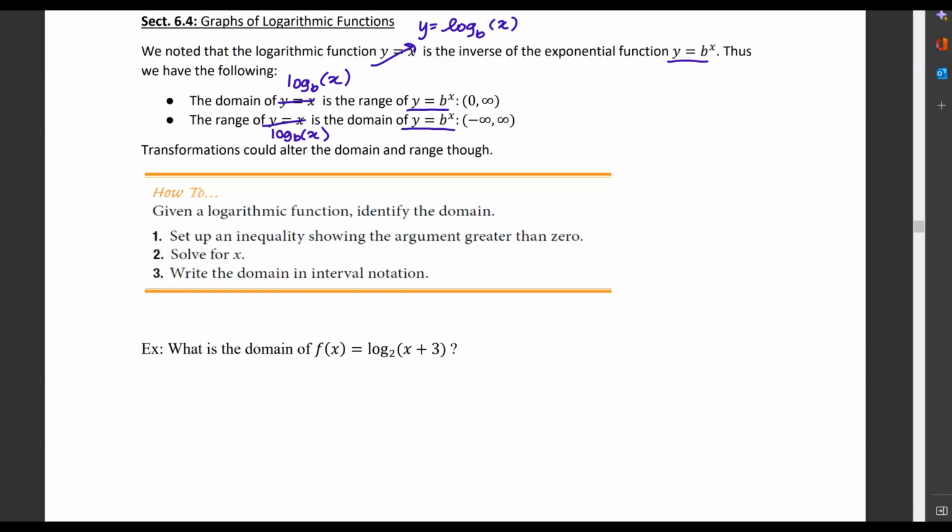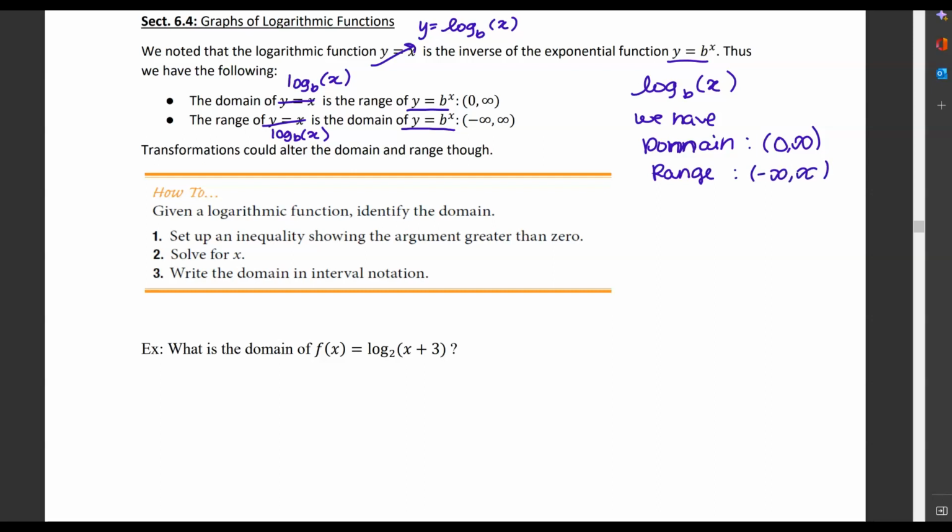So, thinking of the characteristics from the previous sections when we were graphing the exponential functions, for log base b of x we have a domain of 0 to infinity and a range of negative infinity to infinity.